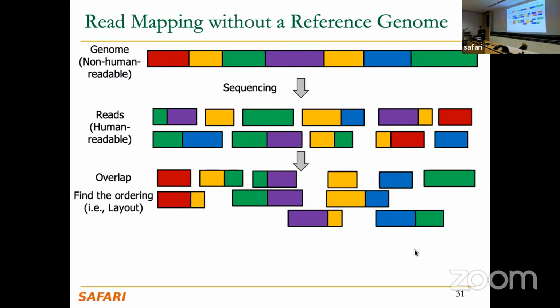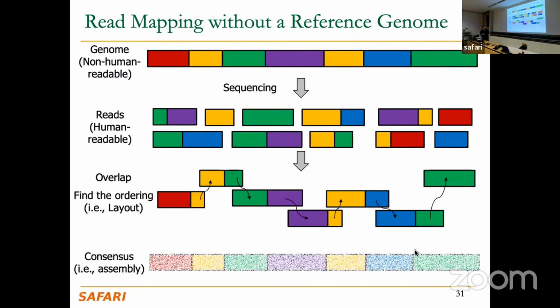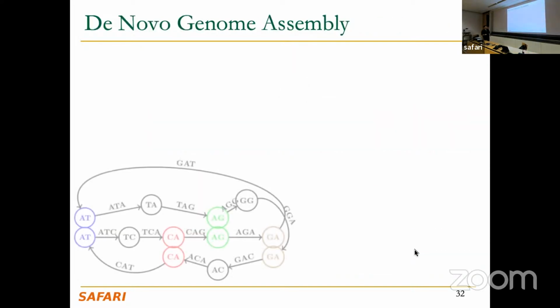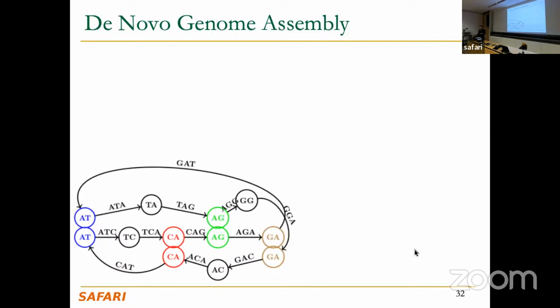Then there are further steps where you, for example, remove some redundant information, you do some cleaning, and then you figure out the layout or the connection between the overlaps. And once you figure out this connection, you can take a consensus between these connections, and then you construct the assembly.